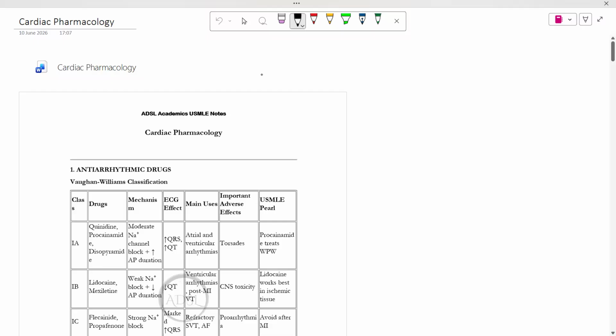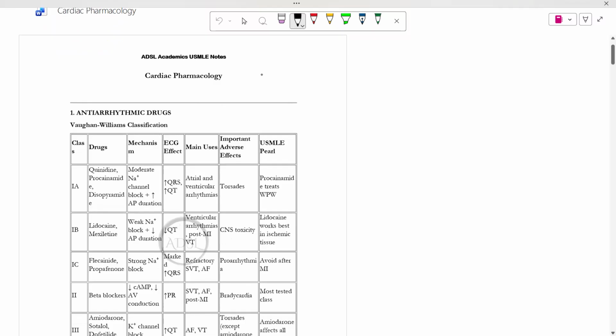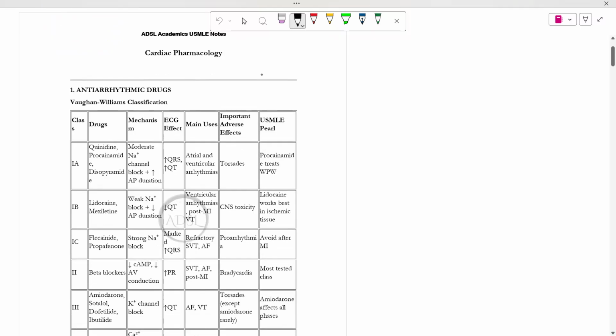Okay, so now let us look at pharmacology. What we are looking at is anti-arrhythmic drugs. That's the first thing. And who has given us the classification? There's a person called Vaughan Williams who has given the classification. Now there are four classes of anti-arrhythmic drugs. Type 1 is sodium channel blockers.